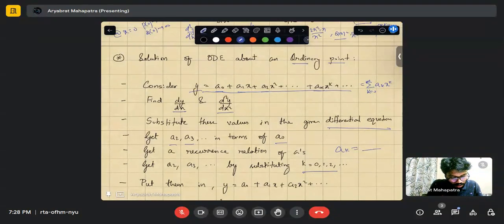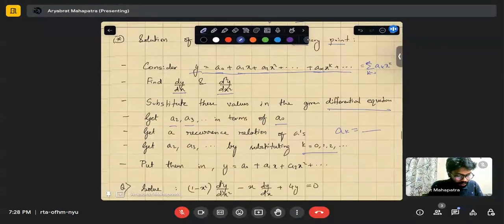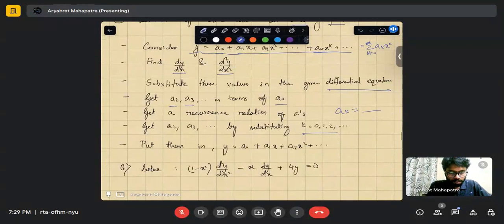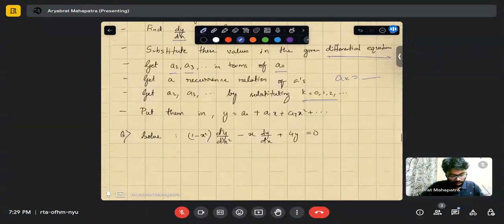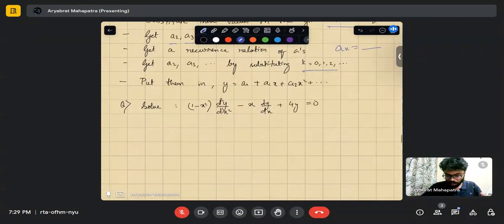Once you get the exact form of coefficients, then you get your total solution. So in this kind of technique, you pick an answer, and in that answer there will be something unknown. You determine that unknown by using some process, and once you get that, you will have your final answer. So one example we can quickly check here.